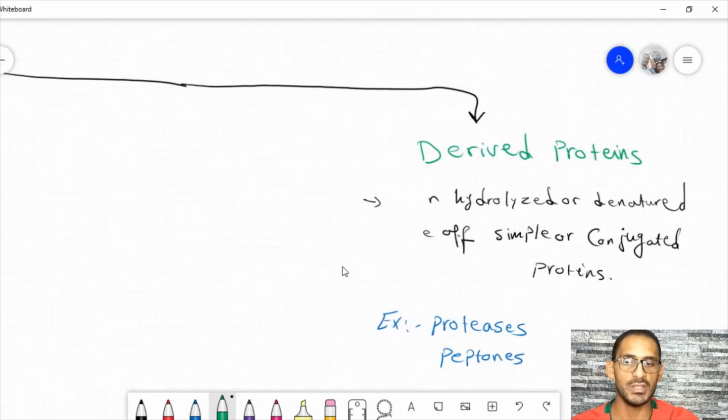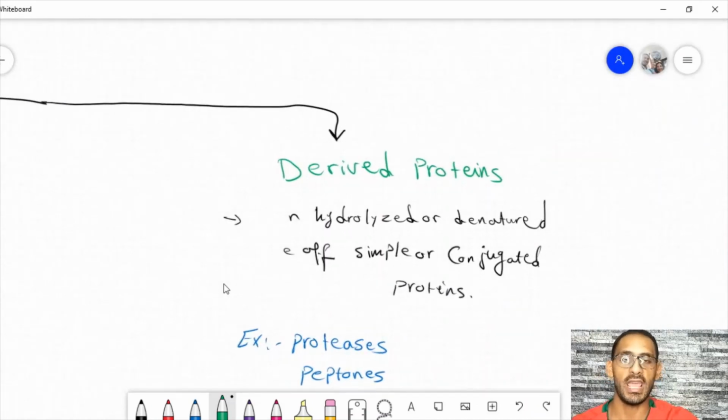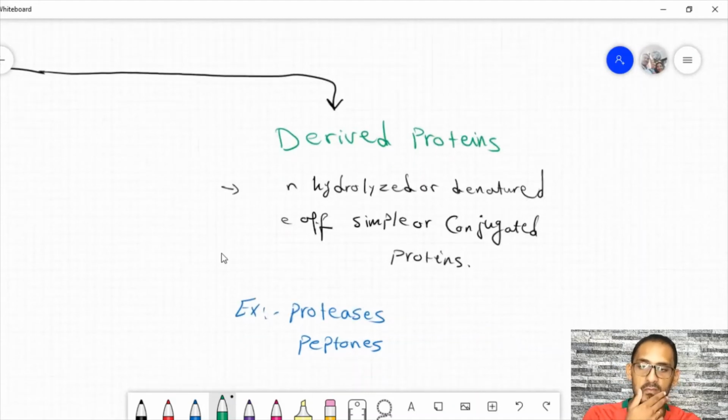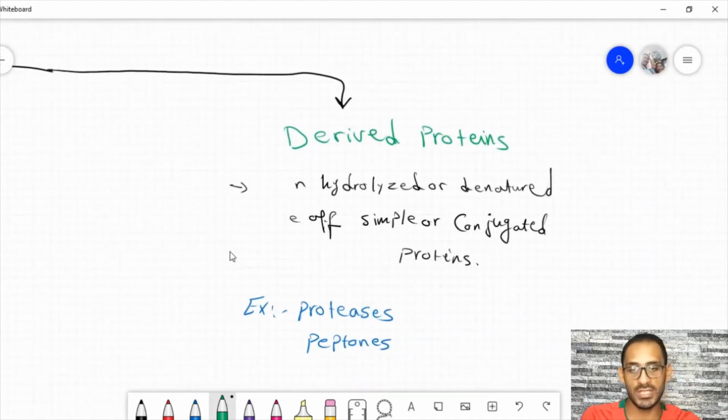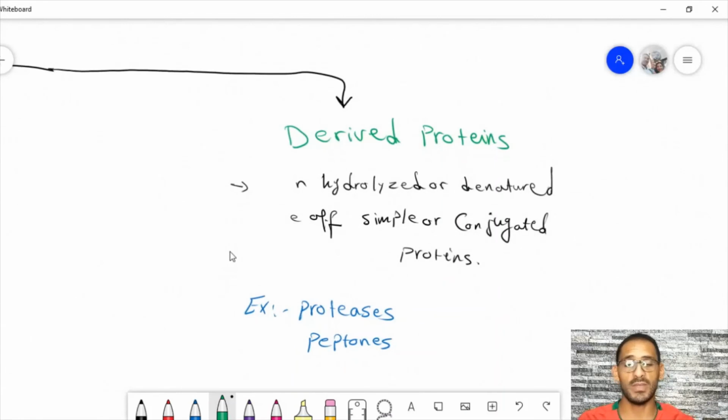The other side is the derived protein, and when they are hydrolyzed or denatured, they give off simple or conjugated protein. Okay, and we have the proteoses and peptones. That's the short story for them. There are lots and lots of derived proteins, and we won't have any time for them.